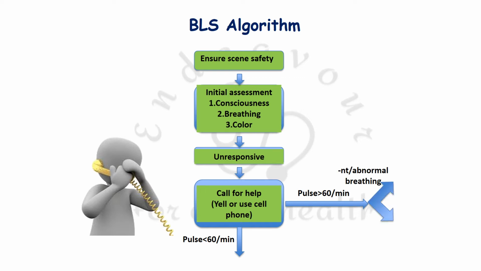First thing is that the child does not have any breathing or his breathing pattern is abnormal. In that case, you may need to provide rescue breaths to the child. Now, rescue breaths can be provided by putting your mouth and creating a seal with the patient's mouth and providing the breath, or covering the mouth of the patient with a mask and then providing breath through your mouth to the mask.